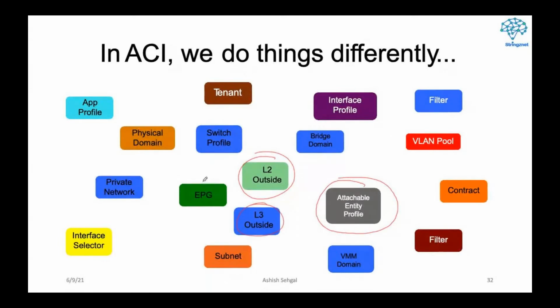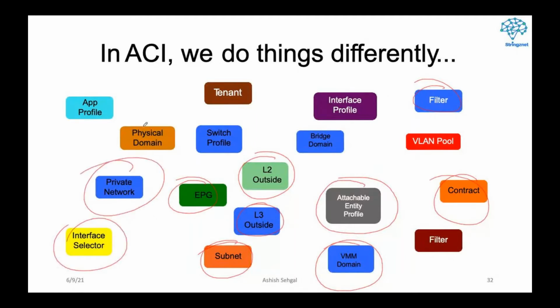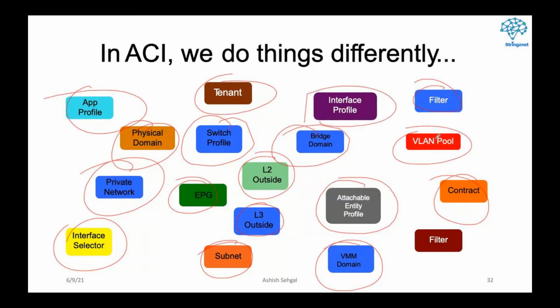What is EPG? This subnet terminology is not going to be the same terminology which we have seen earlier. We are going to talk about filters, contract, the virtual machine manager domain and interface selector. What are private networks, physical networks, switch profile, bridge, tenant? Not only what you are seeing in this particular slide, but more than that, you will come across in this particular ACI journey of yours.